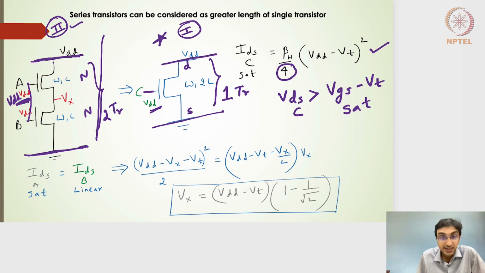Now let's begin with the second configuration. In the second configuration, we have the transistor A and the transistor B, and the rails are VDD and ground.